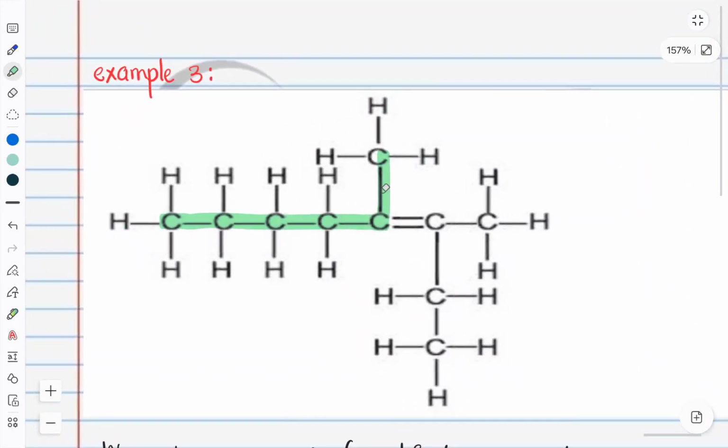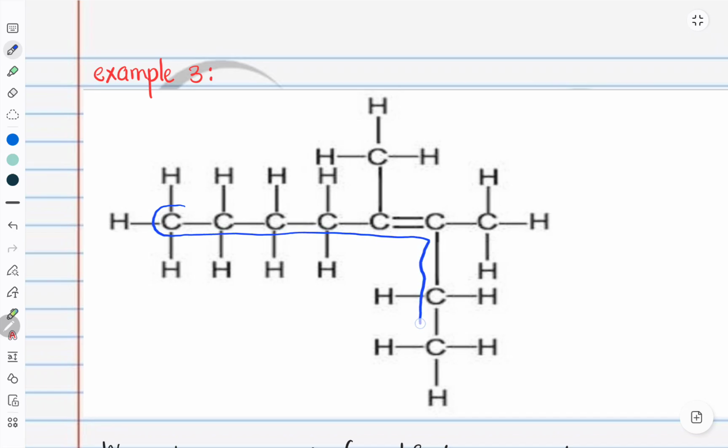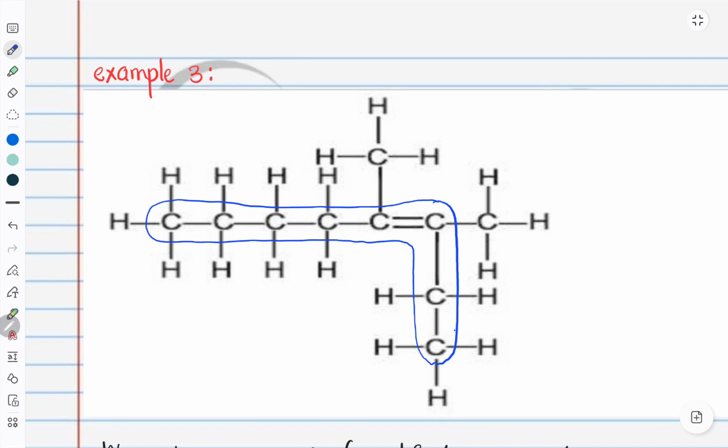So what that means is the only valid chains that we have here is this one or this one, the L-shaped one. And since we know that the L-shaped one has the longest chain, we will take that one. As long as it includes our double bond within the length of the chain, we're fine, we can use it. All right, let's do that. So it goes from here all the way there, comes back here. All right, that's our parent chain or main chain.